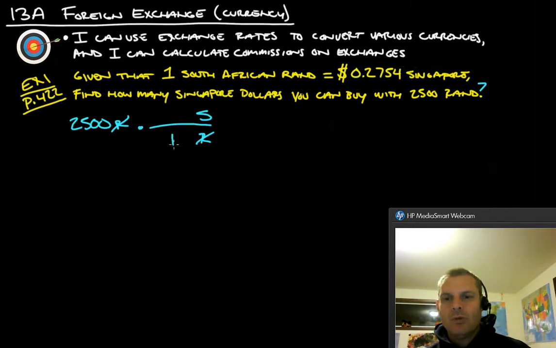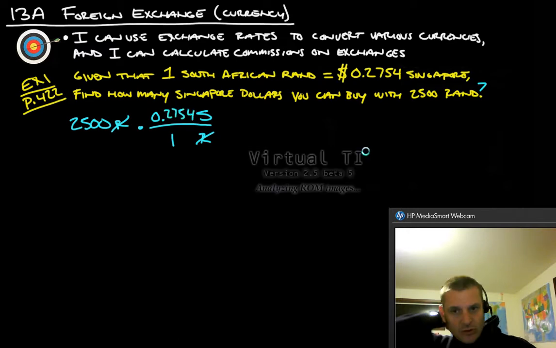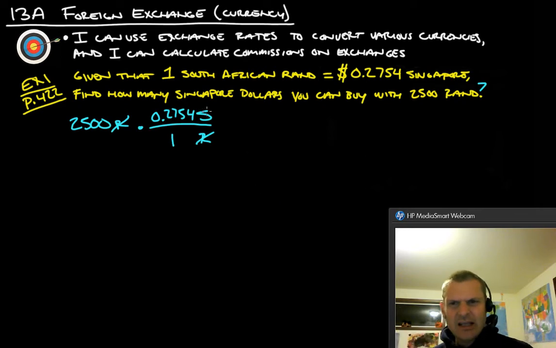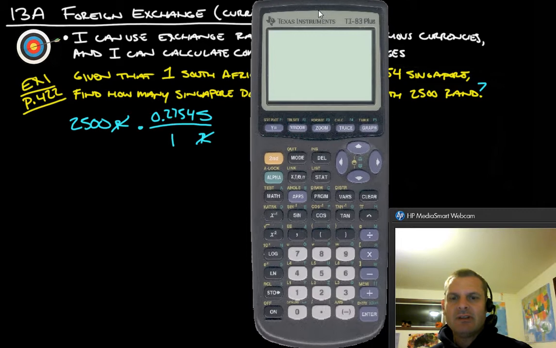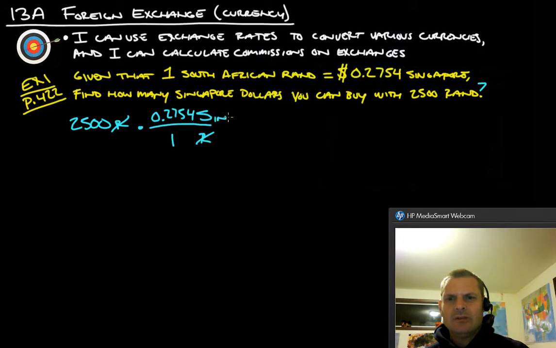So I know that 1 Rand equals 0.2754 Singapore dollars. And that's not a 5, that's an S for Singapore, just so we know what's going on there.